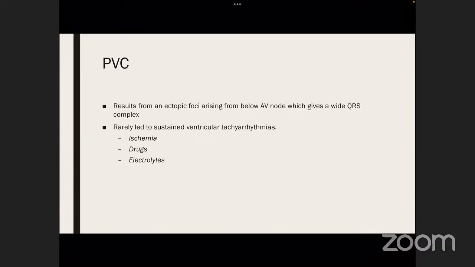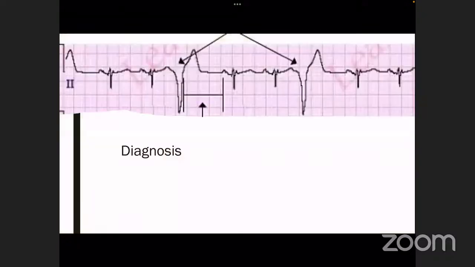It might be ischemia, drugs, and/or electrolytes. For the diagnosis, here is the ECG, which shows the premature ventricular contraction with the compensatory pause.